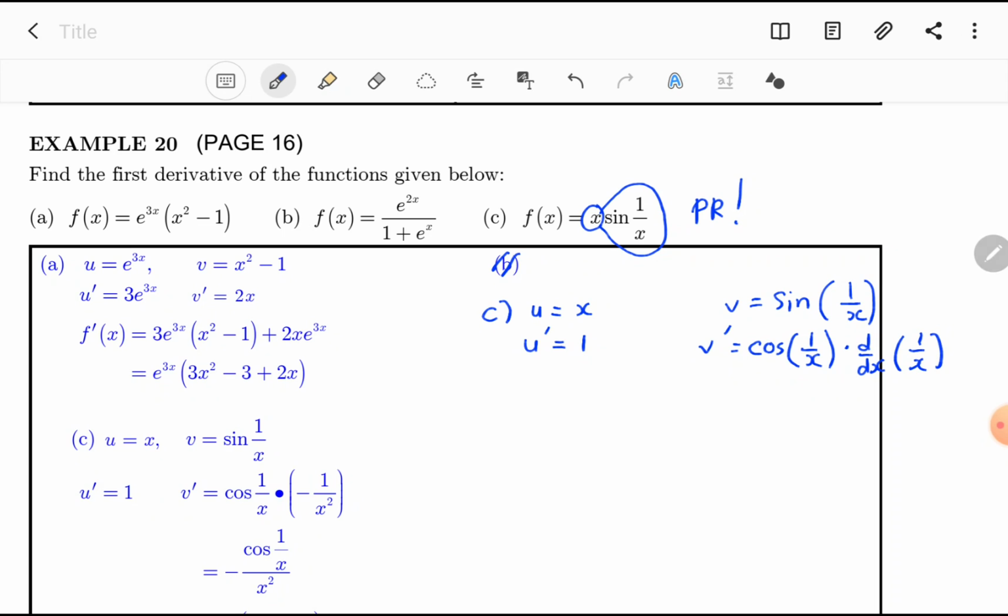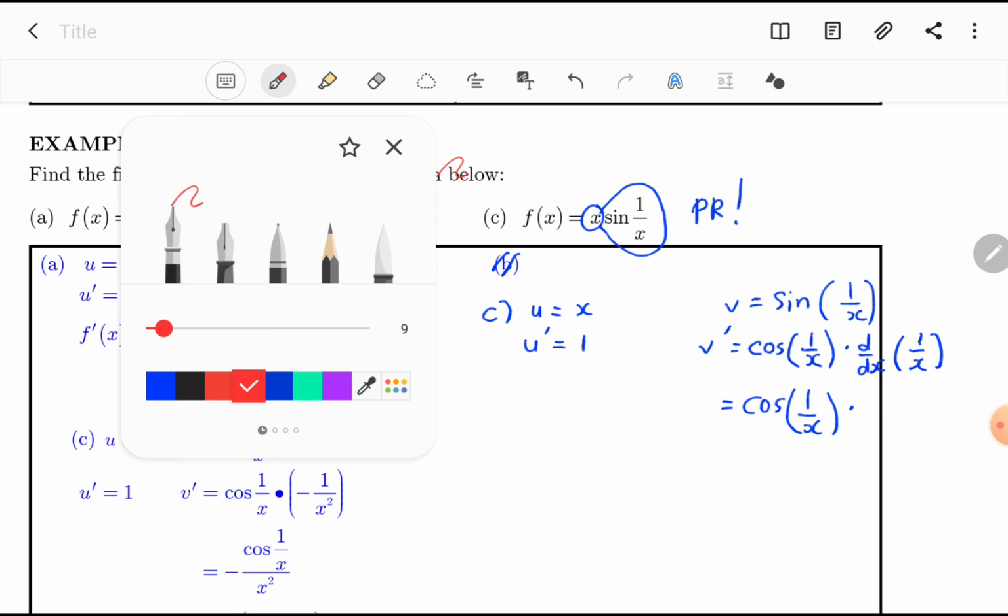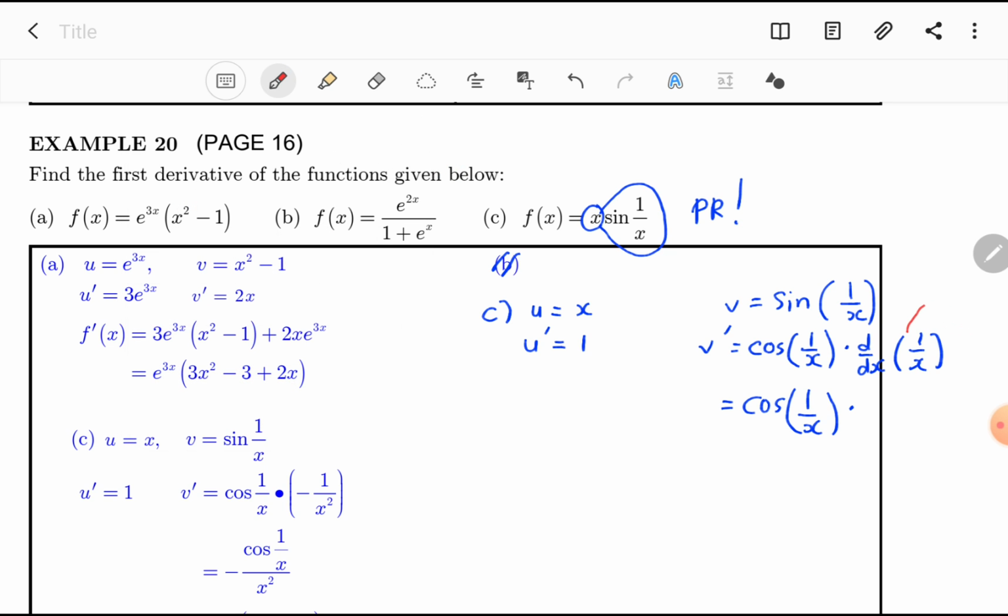And next, we will get cos 1 over x times, 1 over x can be written as x power of negative 1. So we differentiate x power of negative 1. We will get negative 1 x power of negative 1 minus 1.